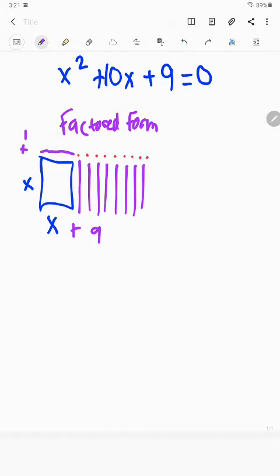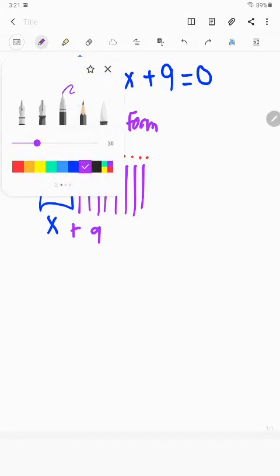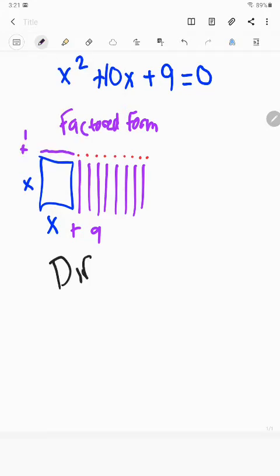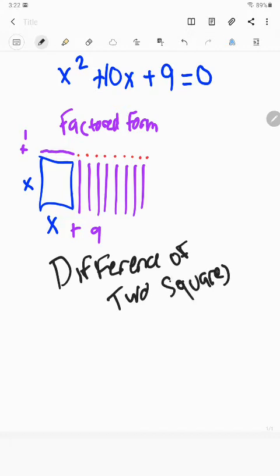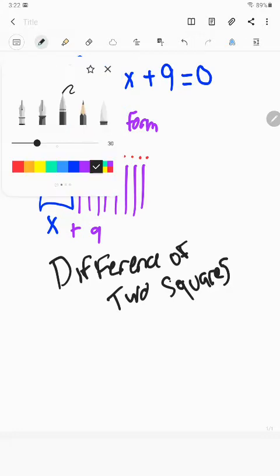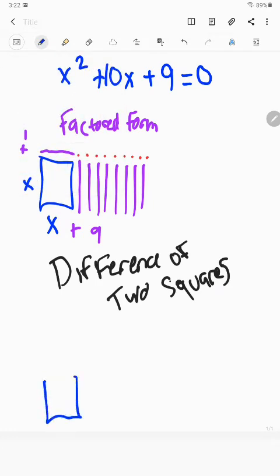All right, so with completing the square, I wouldn't even call it completing the square. I call it a difference of 2 squares, because there are 2 squares that are going to come up in this diagram. One's going to circumscribe and be a larger square, and there's going to be a missing square. So I still have my x squared.